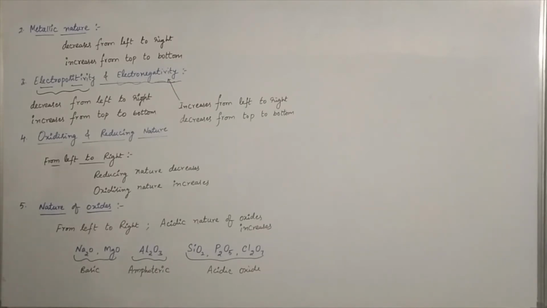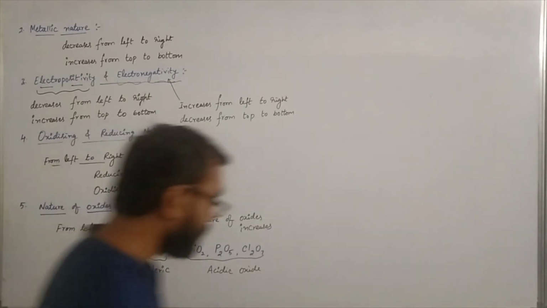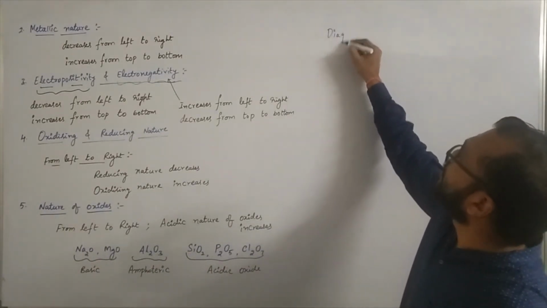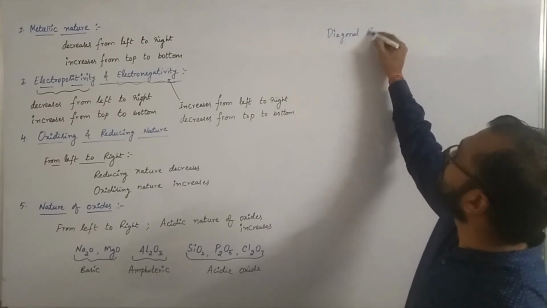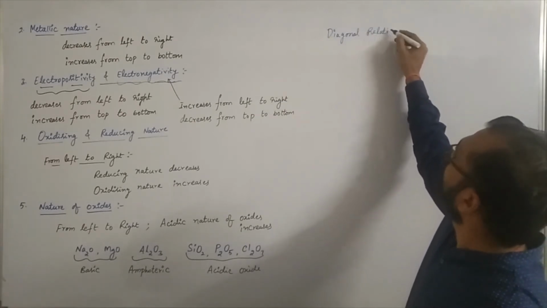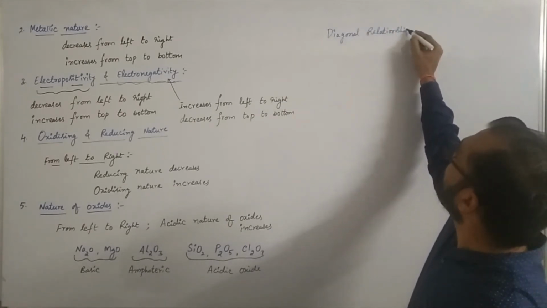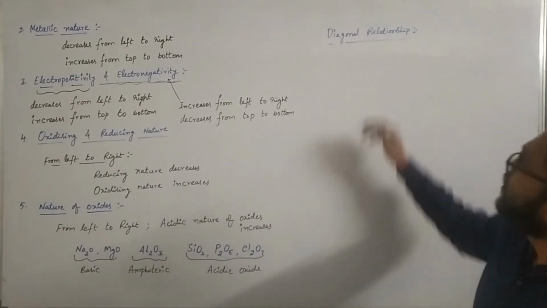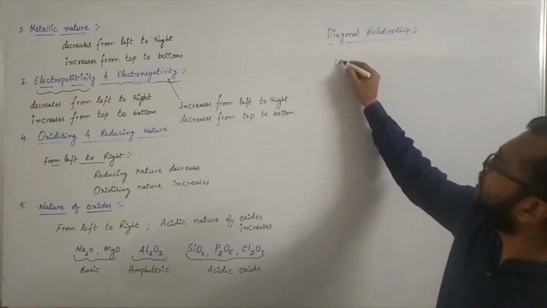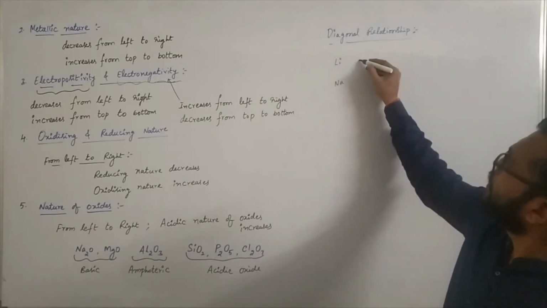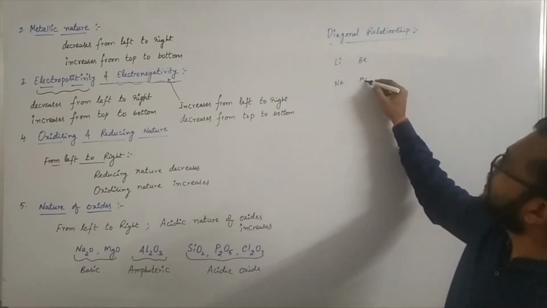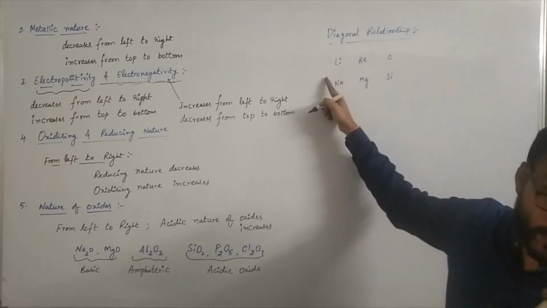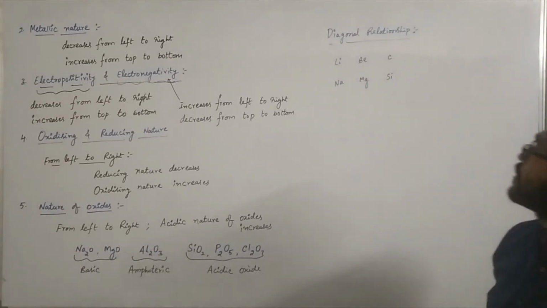Next, diagonal relationship. So, what are the first elements? Lithium, sodium, beryllium, magnesium, carbon, silicon. These are group 1, group 2, group 3.